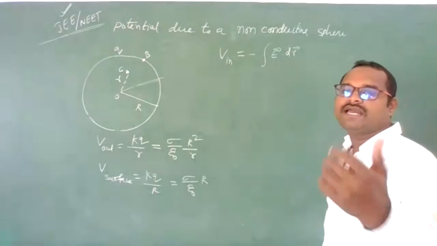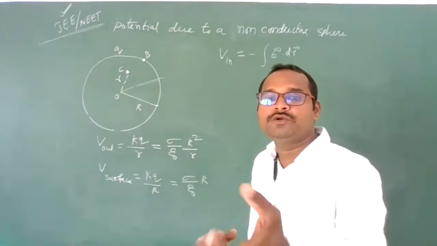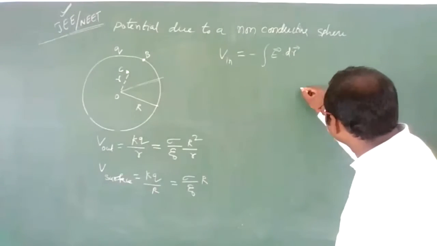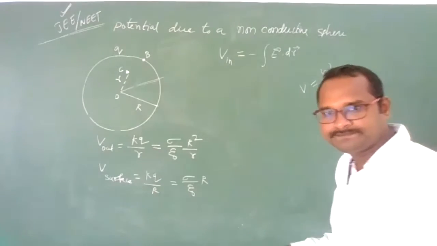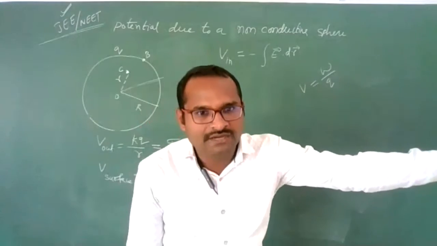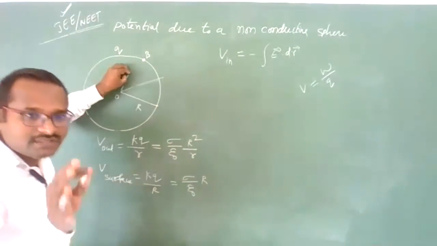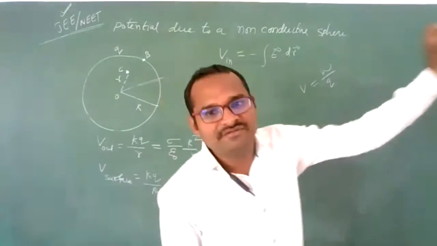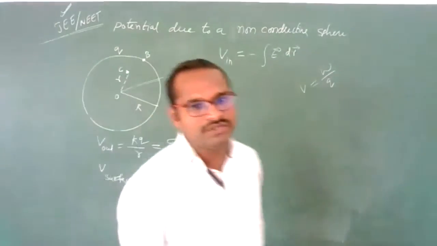Students, yesterday I defined electrostatic potential energy. It is nothing but the amount of work required to bring a charge from infinity to a particular point. Then electrostatic potential is nothing but work required per unit charge. How much work you need to perform to bring a charge Q from infinity to this location, that work per unit charge is potential. So we have to bring the charge from infinity to this location, small r.